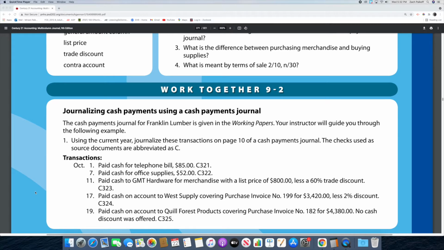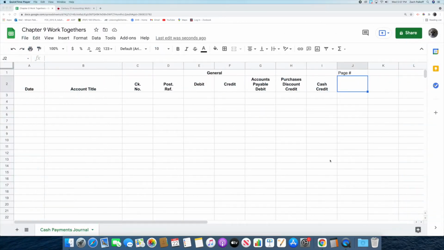Okay, so now that I've read over the instructions, let's jump right into the 9-2 work together, in which we will be journalizing cash payments using a cash payments journal. So the first thing that we're going to do is put in the page number for this cash payments journal, which is going to be page number 10.